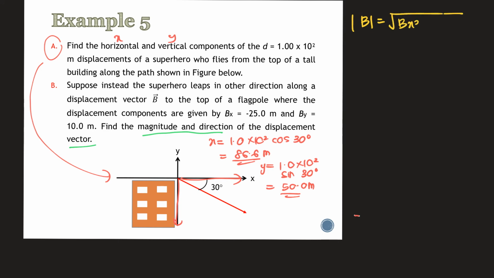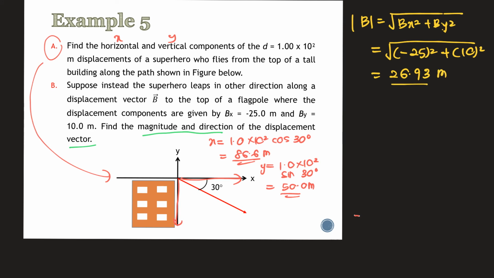It's going to be the square root of Bx square plus By square. So you are going to get negative 25 square plus 10 square, square everything, and you're going to get 26.93 meter. This is the magnitude.